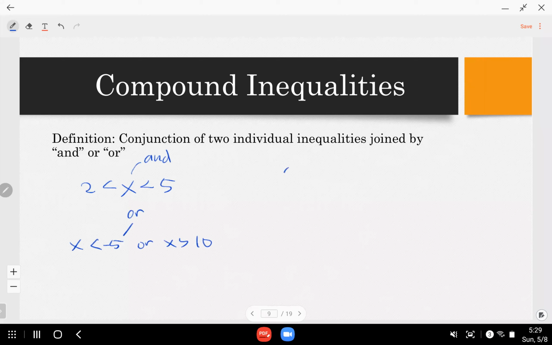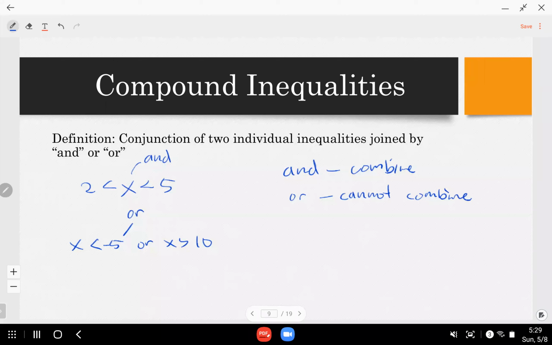For the and inequalities, you can combine them into a compound inequality. Look at this. But for the or inequalities, you cannot combine them.